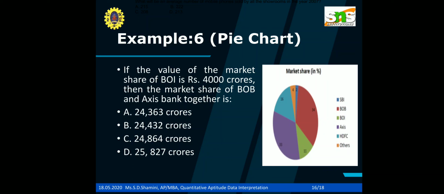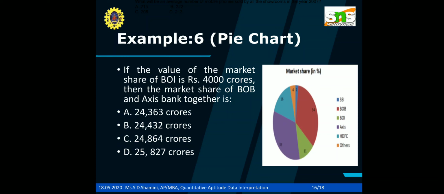Okay, so in this question you can see Bank of India accounts for 11% of the total market, and this 11% is equal to 4,000 crores, which has been given in the question. So to calculate the total market share of BOB, Bank of Baroda and Axis, the formula will be 67 divided by 11 into that 4,000.